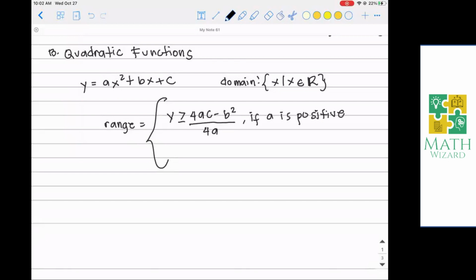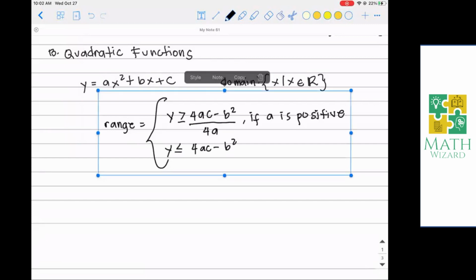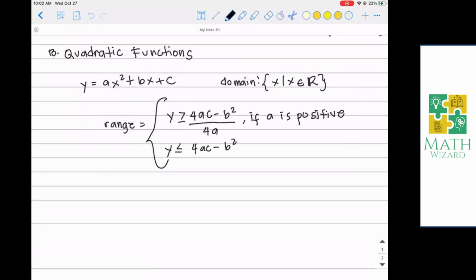And then y is less than or equal to 4ac minus b squared over 4a if a is negative.